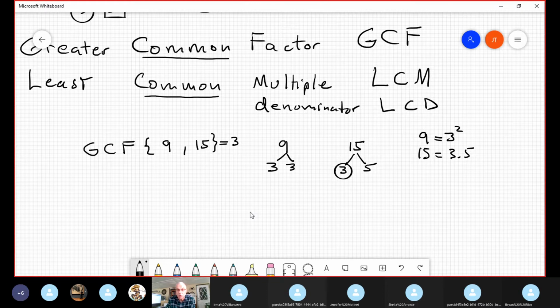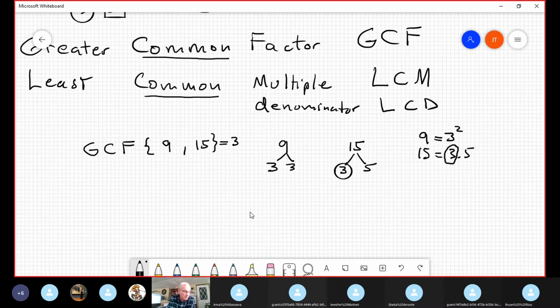And you take the smaller exponent, that is 1. This is the idea behind the greater common factor that we are going to use every day from now on. What is the GCF? It's a frequent question.